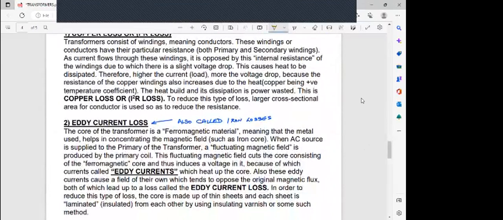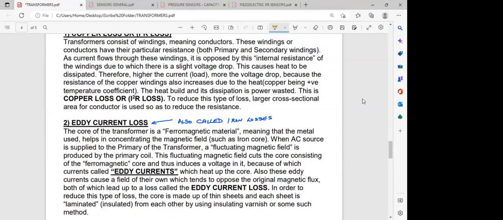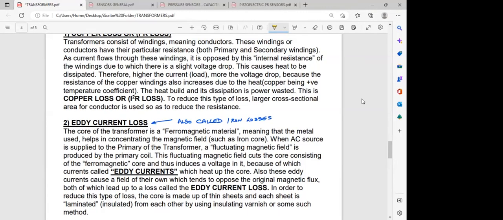As I mentioned, when your primary is wound on one of those limbs, the core is made of ferromagnetic material. So a changing magnetic field caused by the AC current flowing through your primary is going to induce a voltage into that soft iron, ferromagnetic core.